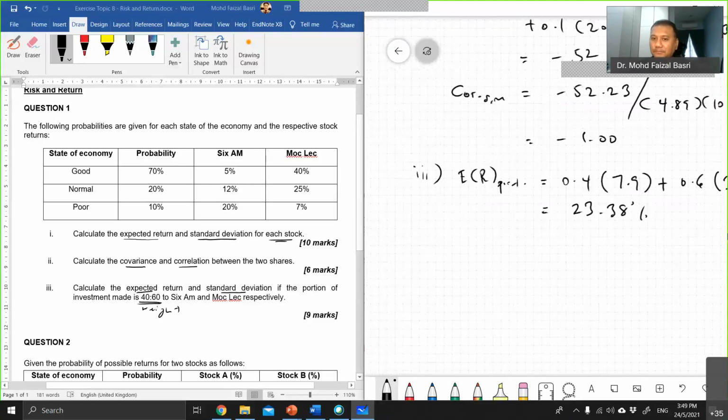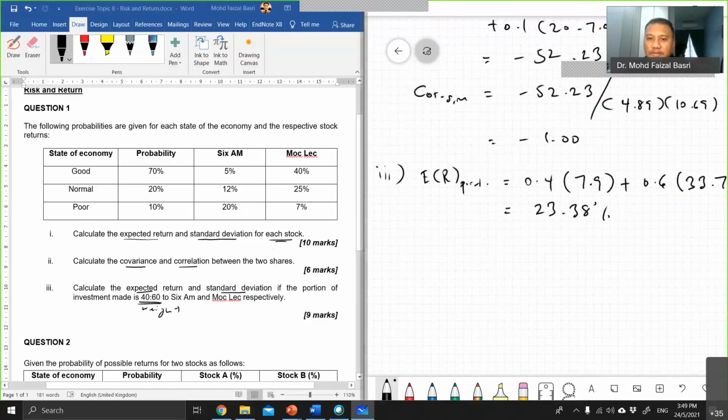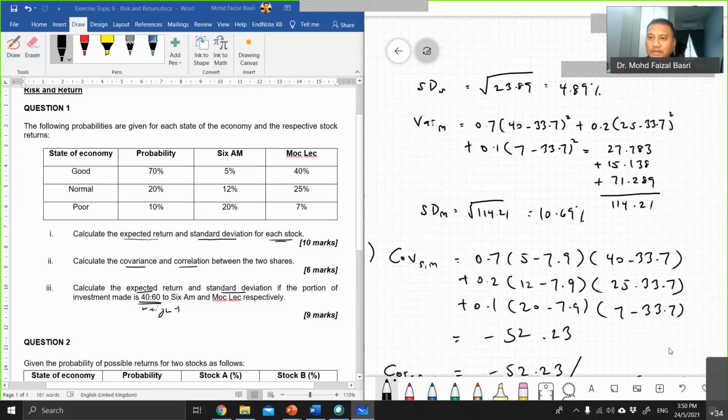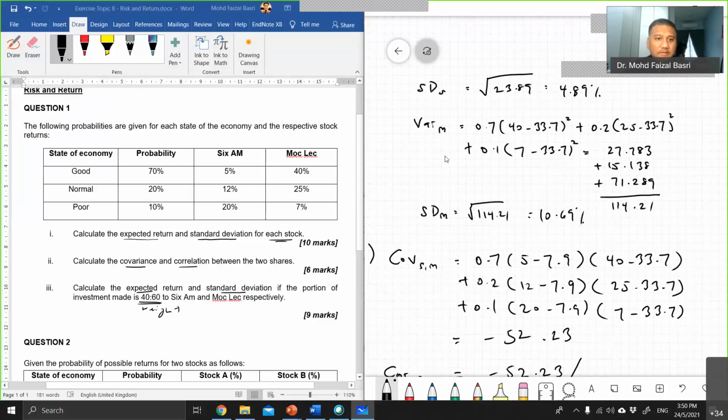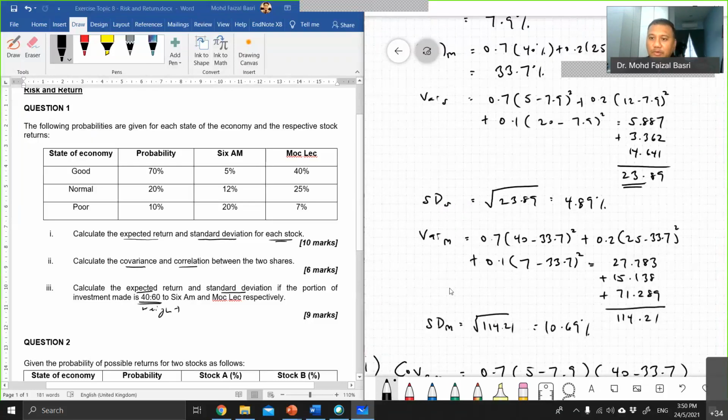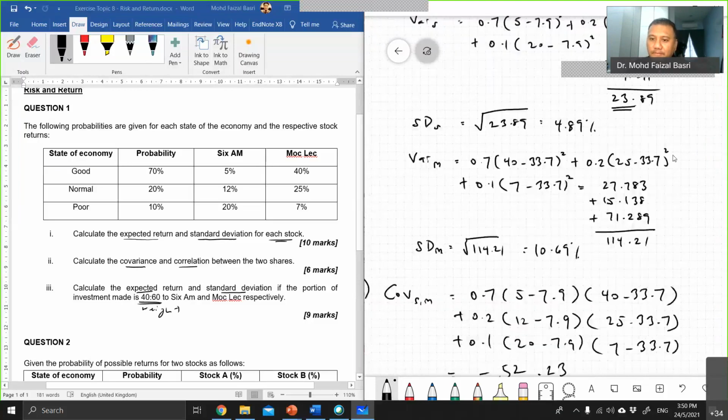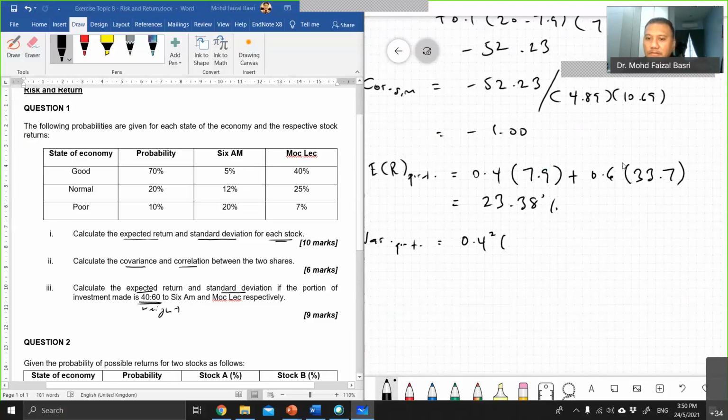But now, based on this portfolio, I'm going to find the variance for the portfolio. The first weight is 40%, so it's 40% squared, and the variance for stock S was 23.89.